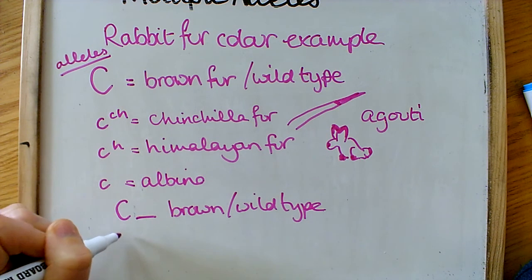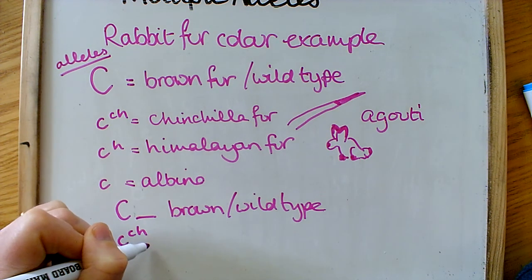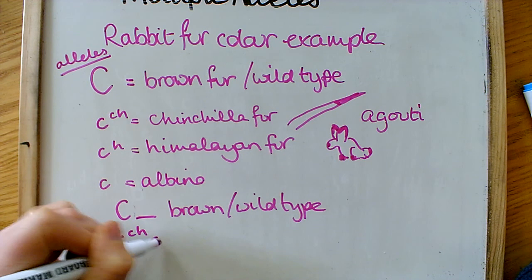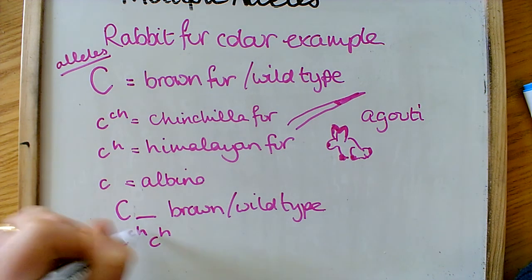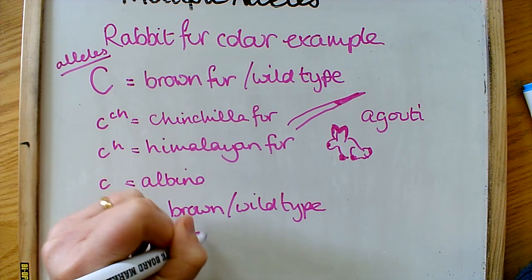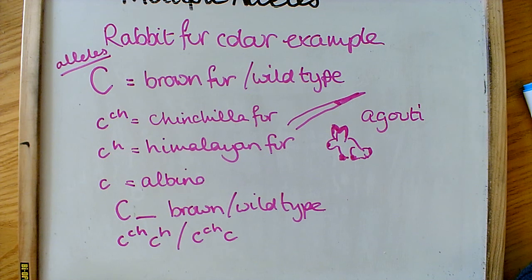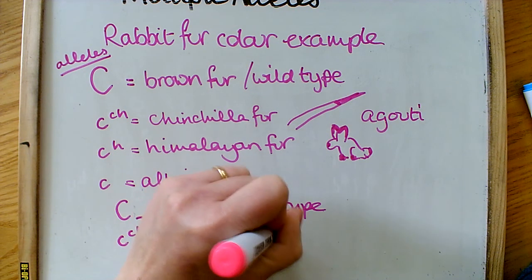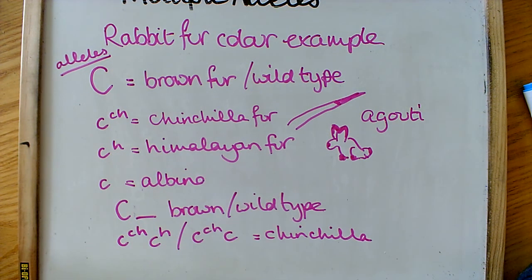If you had a CCH with either a CH or another CCH, it could be homozygous for that, or it could be CCH with a C, then it's going to be chinchilla. And it's going to have that colouring.